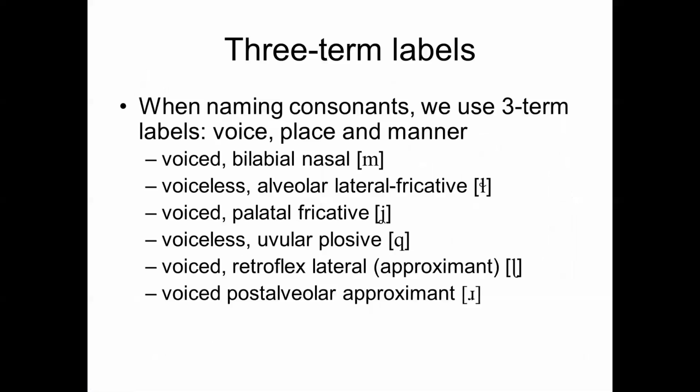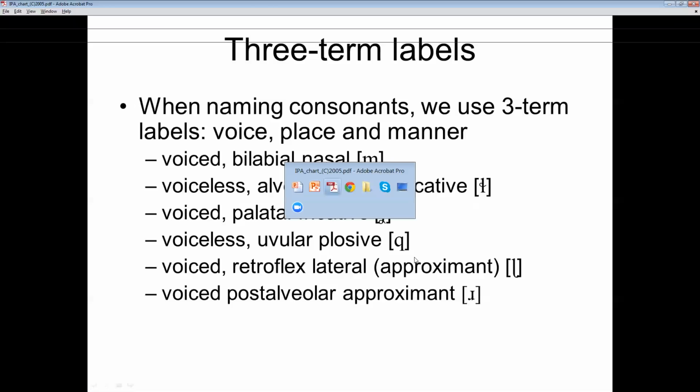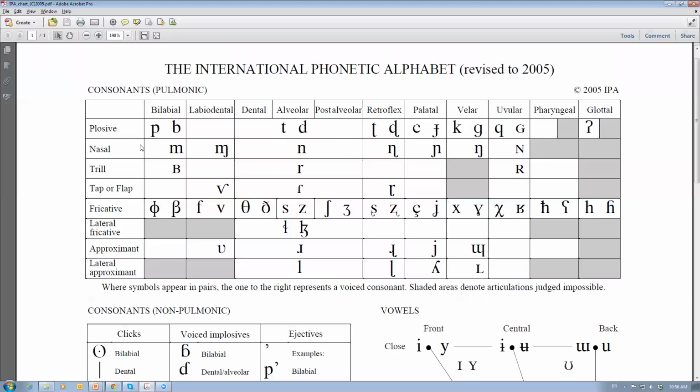All right, so that's a lot of information to take in, and we'll spend a lot of time practicing it, but two last notes. What you will be doing for most of the semester is putting together what we've just talked about, place and manner, as well as what the vocal folds are doing. Are they vibrating? So that's called voiced, or are they not vibrating, voiceless? And we can look at the IPA chart and put all this information together.